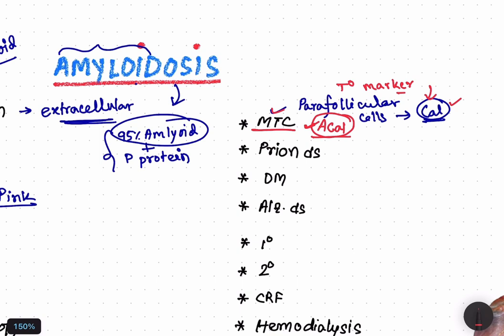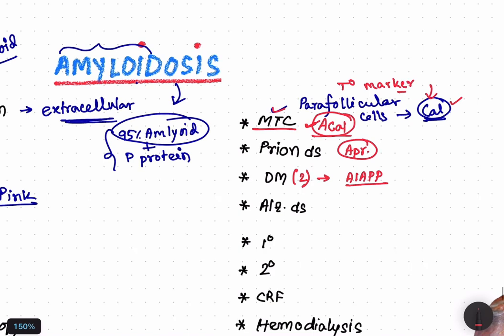Next, coming to Prions disease. In Prions disease, guys, remember it is the amyloid which is combined with the PR, so this is what is known as APR. This is the amyloid protein. In case of type 2 diabetes, you have to remember that it is amyloid islet associated pancreatic polypeptide, AIAPP. This is what is getting deposited in the islets of Langerhans in the pancreas.